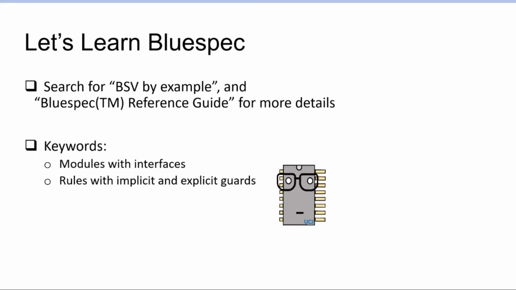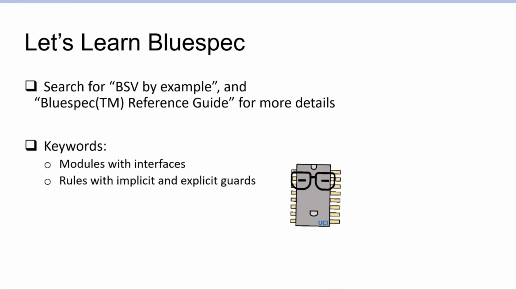And you also have rules with implicit and explicit guards. We'll go into slightly more detail about what these things are in a bit. And after we're done with at least some facets of Bluespec, we're going to use this as the description tool for talking about how to build efficient FPGAs.